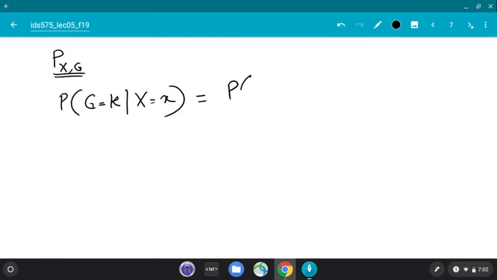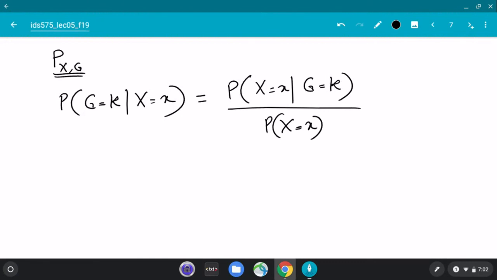So it is equal to the probability of X equal to x given G equal to k. Okay, this is not true. There's a term missing, which is the probability of X equal to x, right?